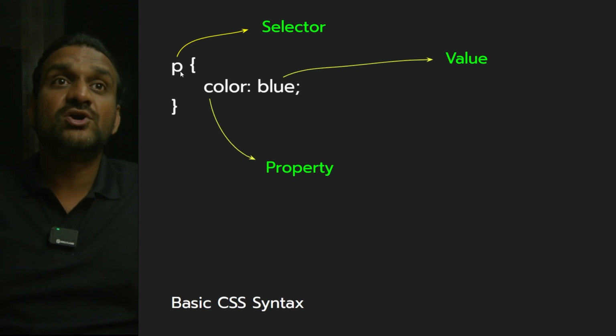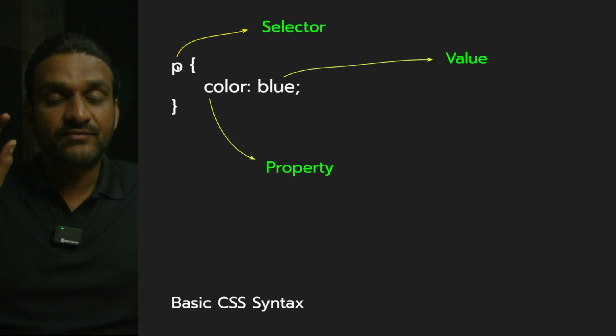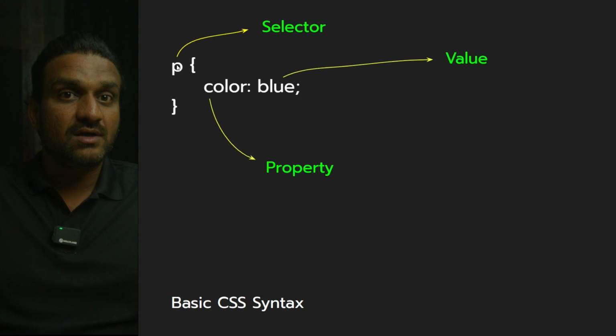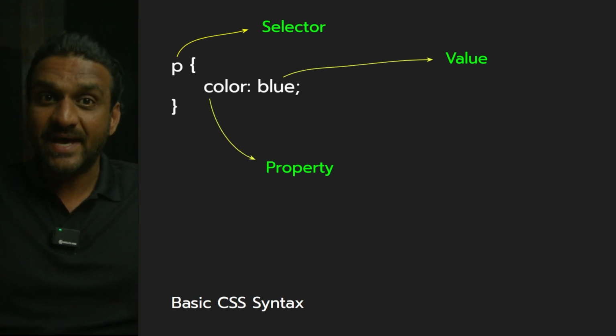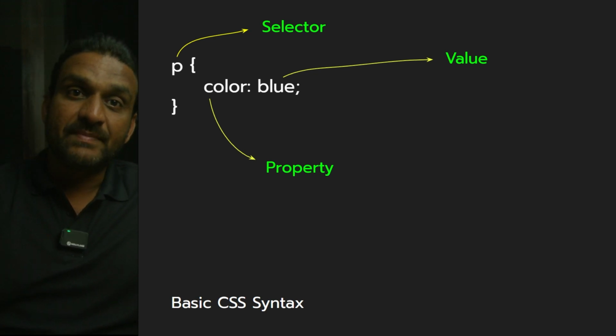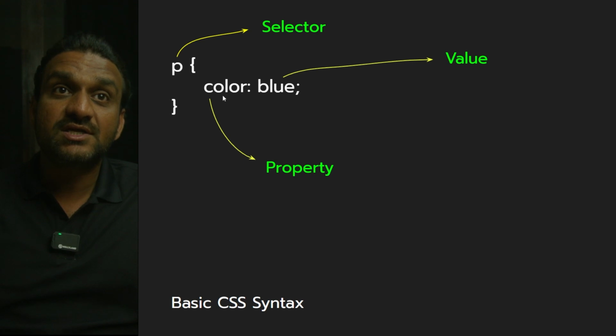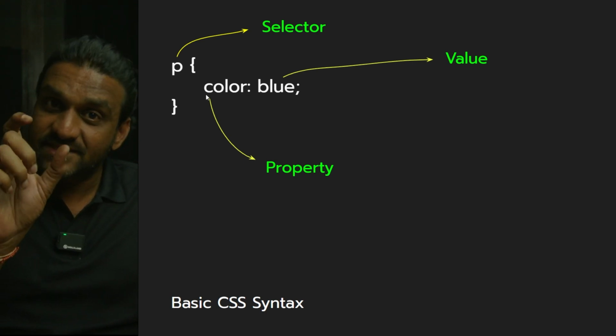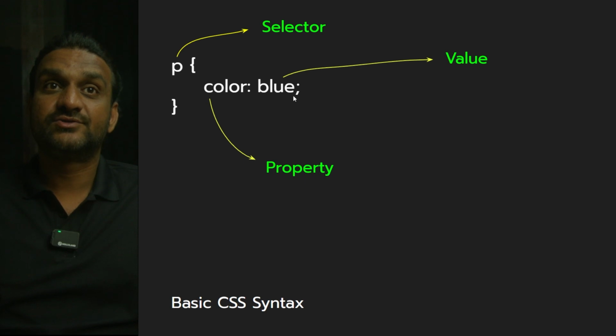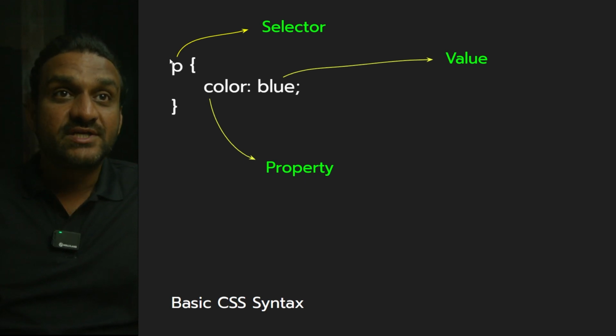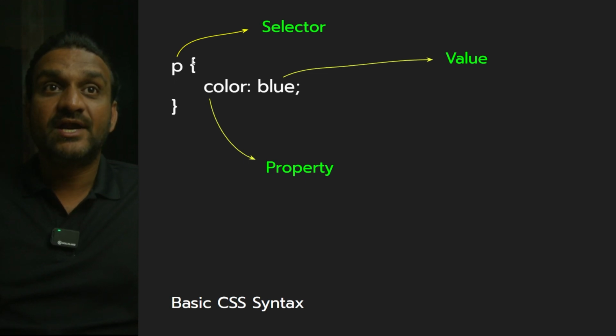For example, if you want to select all the paragraphs in your web page and color the text in the paragraphs blue, how can that be done? The selector is P.